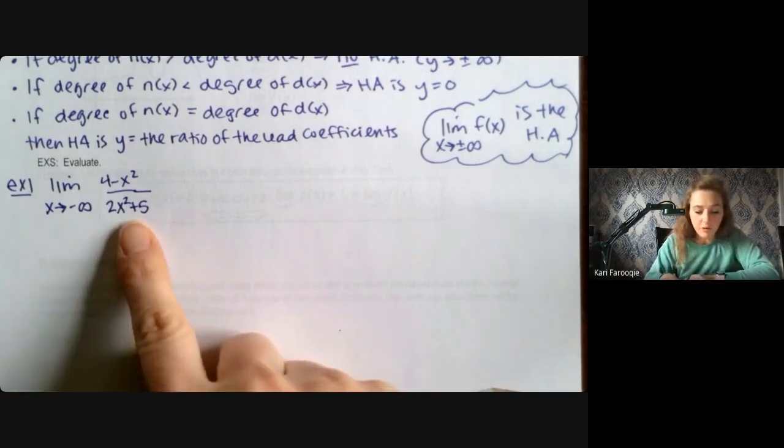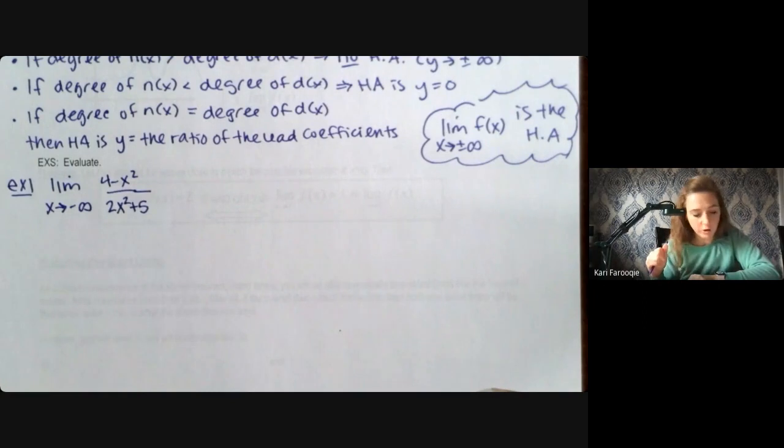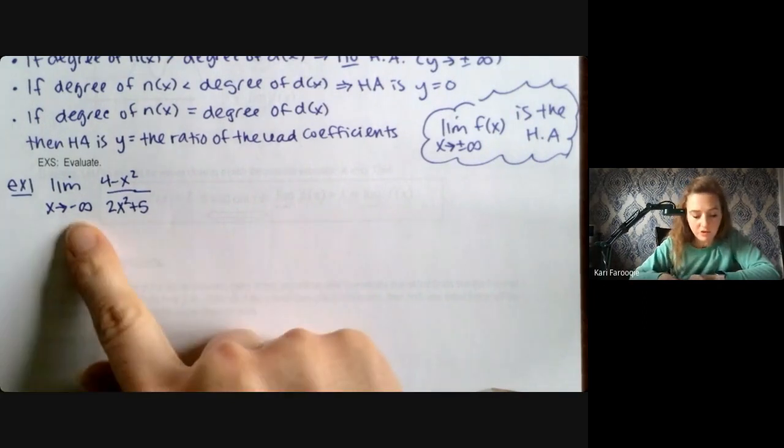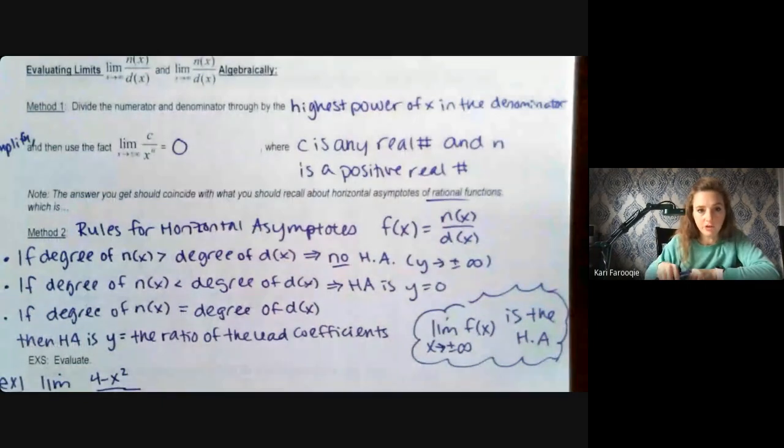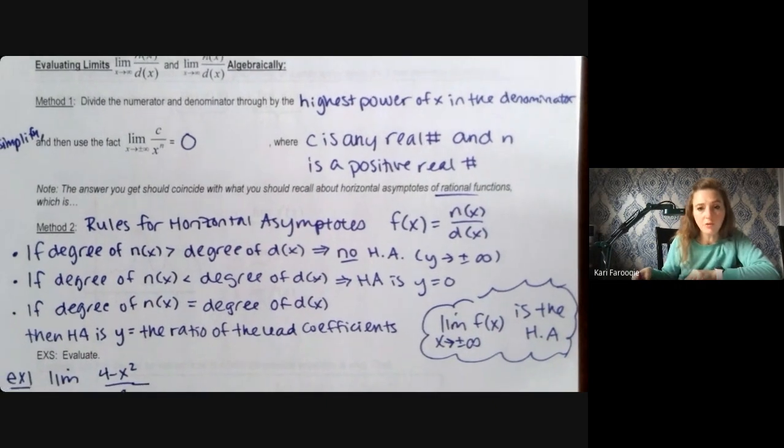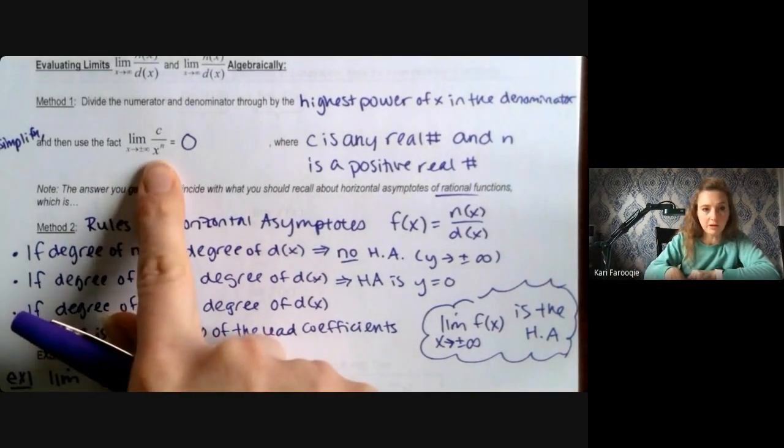Okay, so here's our rational function. It's 4 minus x squared over 2x squared plus 5. And this time we're sending x off to negative infinity. Method 1 stated that we should divide the numerator and denominator through by the highest power of x in the denominator, simplify, and then use this fact. So I'm going to show you how to do that.